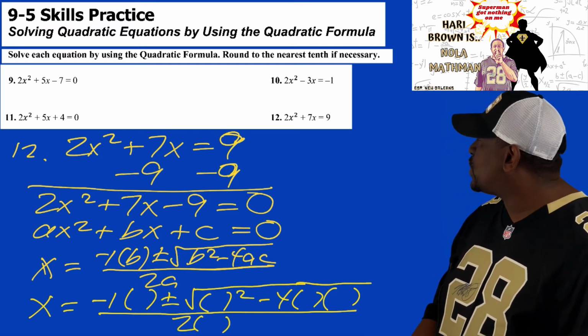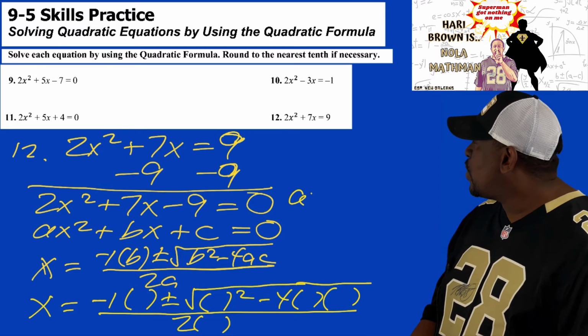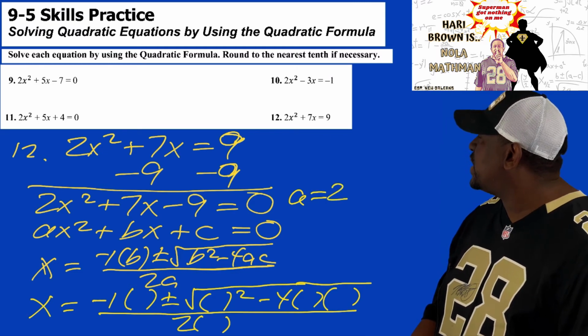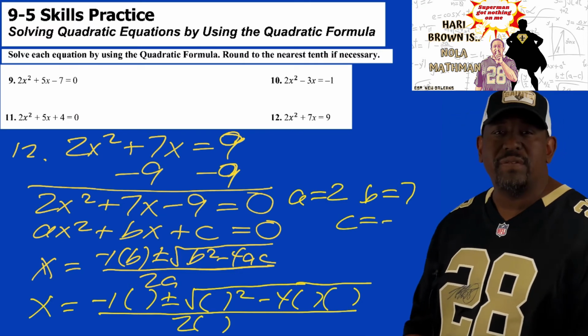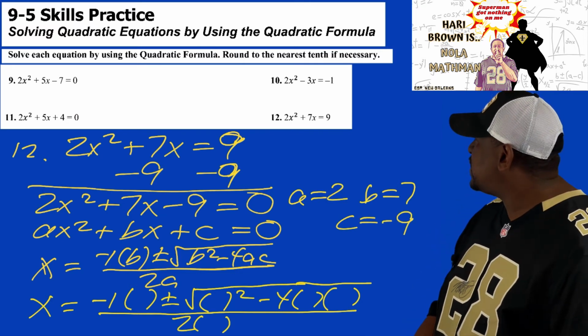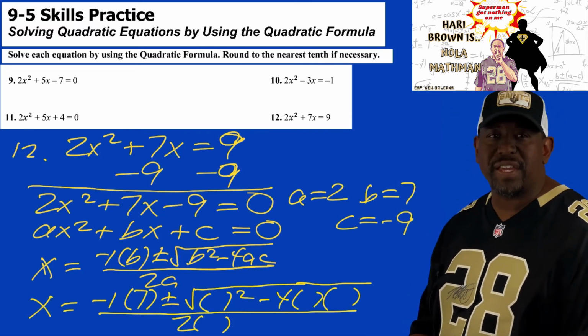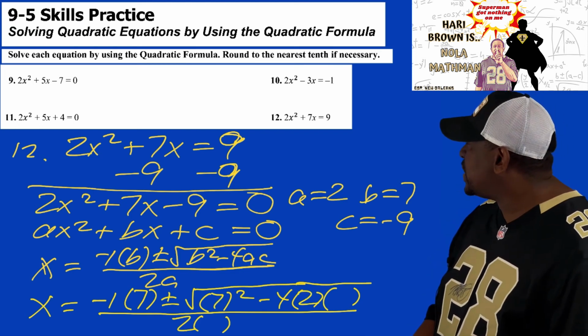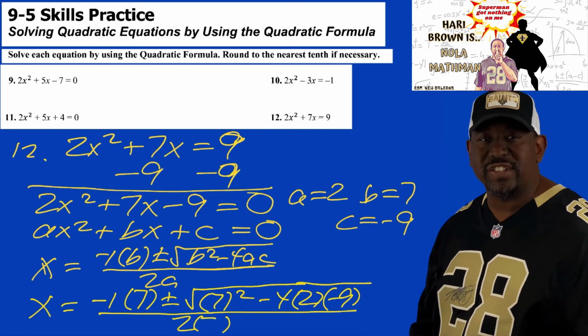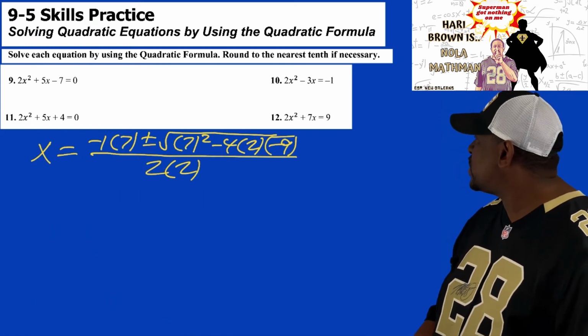So where b is, we will substitute 7. See, there you go. So you write it down now. So a is 2, b is 7, and c is negative 9. So the NOLA MATHMAN came to his senses there and wrote it out so that it'd be easy for the viewer to understand what he is trying to do.